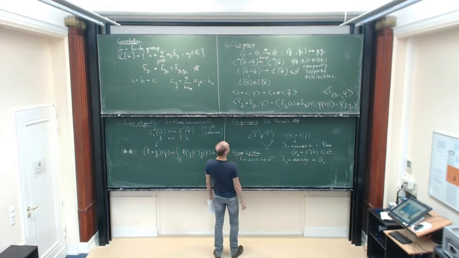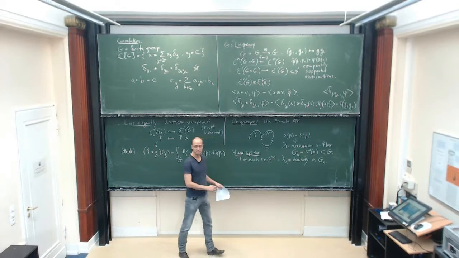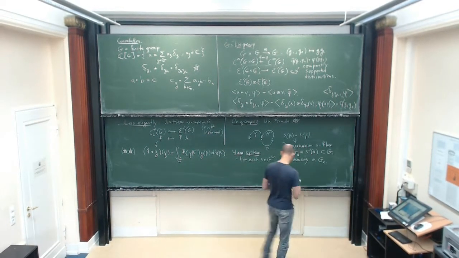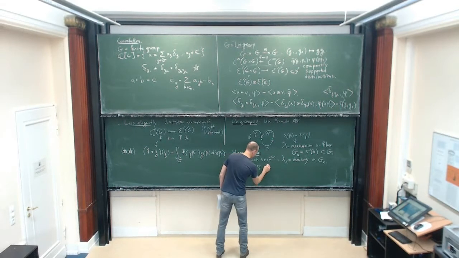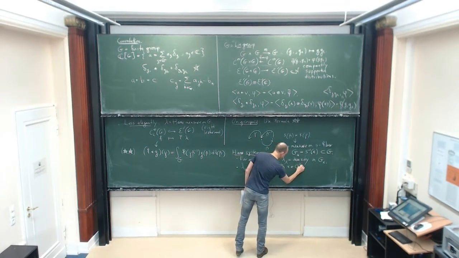I have to keep erasing. I need to start writing more. Maybe I should scribble more, but I don't know if that records. Okay, so you want these lambdas to vary smoothly with x. What does that mean?